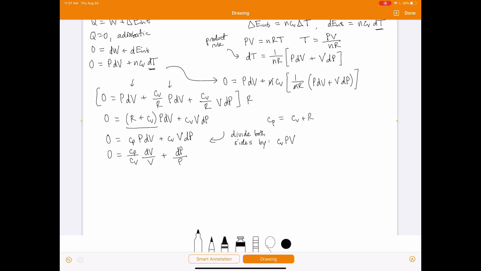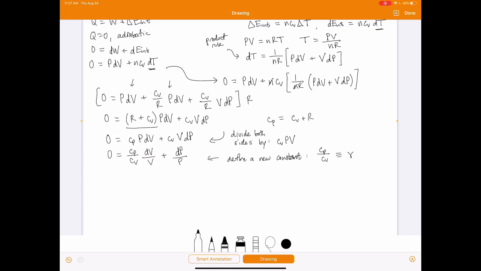So the next thing we'll do is define a new constant. Because when we deal with adiabatic processes, this ratio of Cp divided by Cv that you see in the equation comes up all the time.